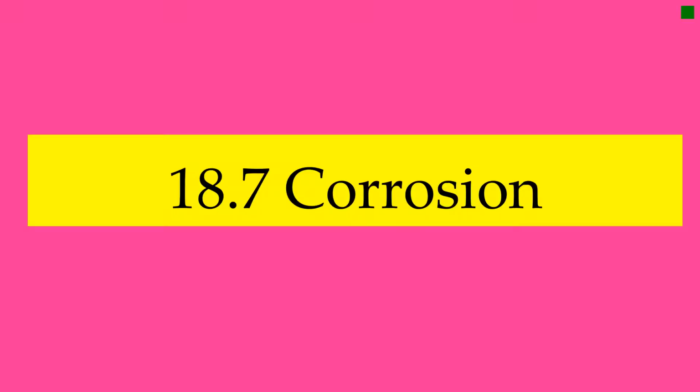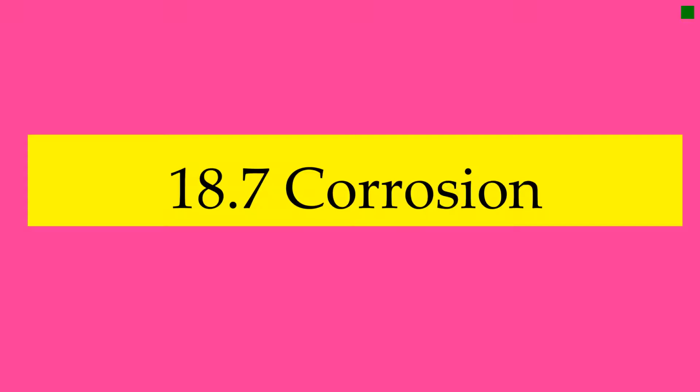So section 18.7 of chapter 18. In this section, we'll be looking at corrosion. Corrosion may sound like a chemical term, but it's just a name that scientists decided to give a normal thing that everybody has seen in their life.